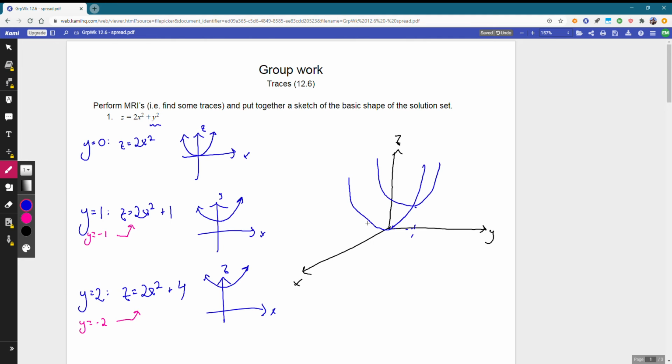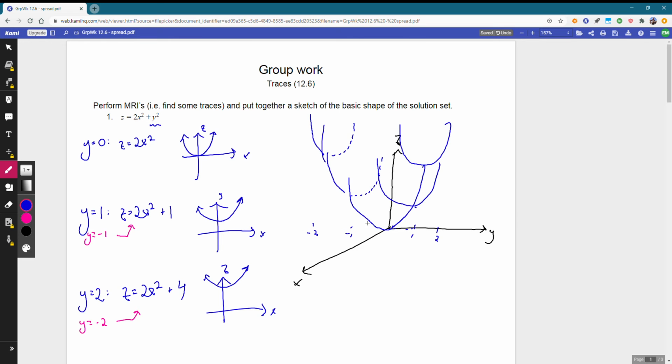And that's the same if we were at -1 for y. We'll have like that going on. And at y equals 2, we have an even higher parabola, and similarly back here at -2, we have our even higher parabola.